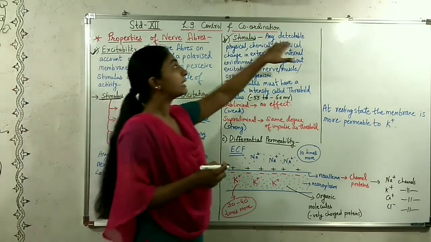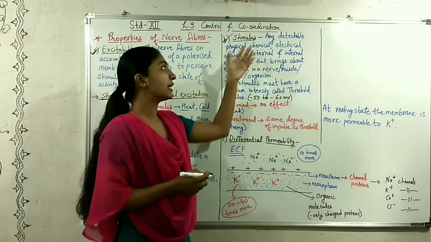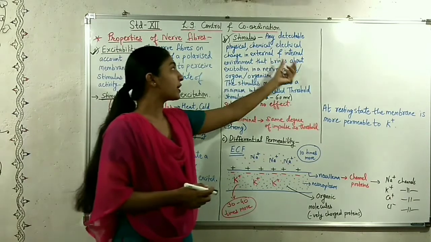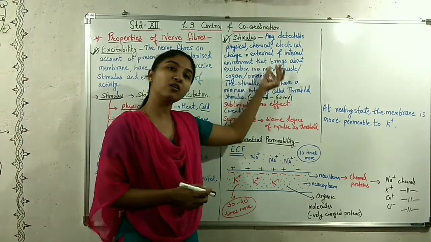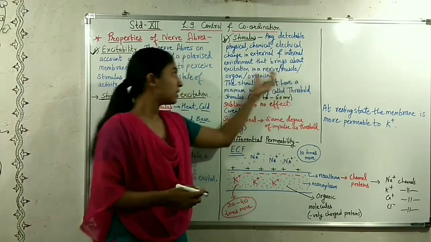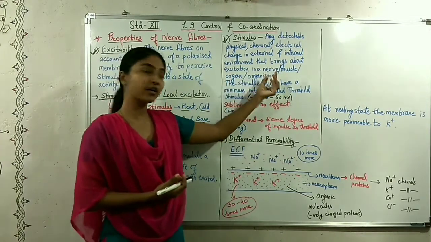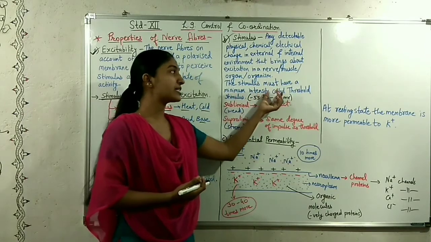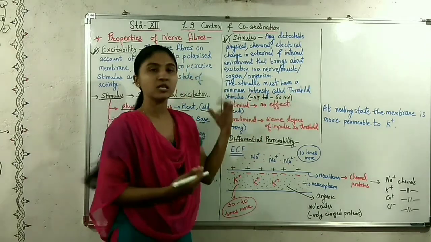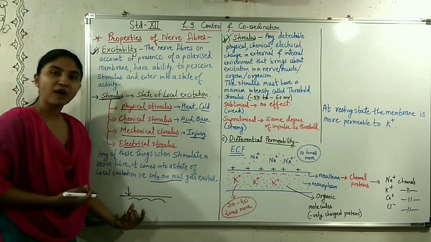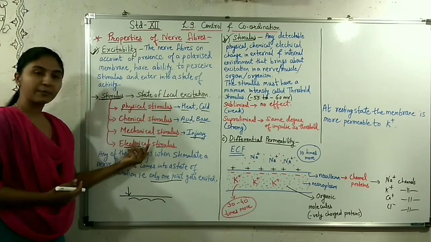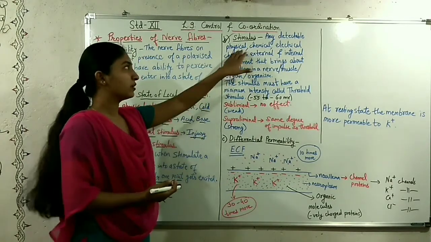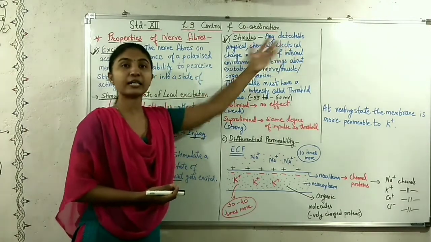Now, any detectable physical, chemical, electrical change in the external and internal environment that brings about excitation in a nerve fiber or in the muscle or in the organ or an organism, the stimulus must have minimum intensity, called the threshold stimulus. As I said, the nerve fiber gets stimulated by any of these. It is detectable. We can detect that stimulus in a physical state, chemical state, electrical state.